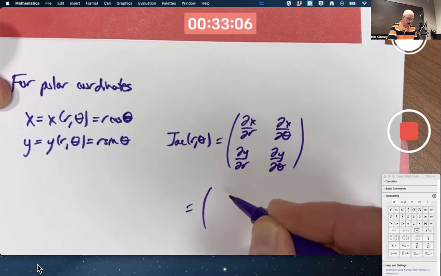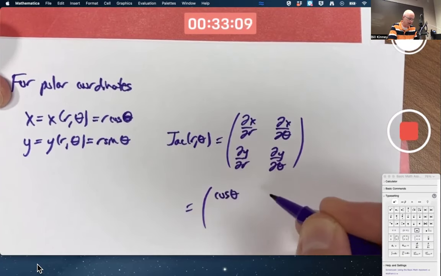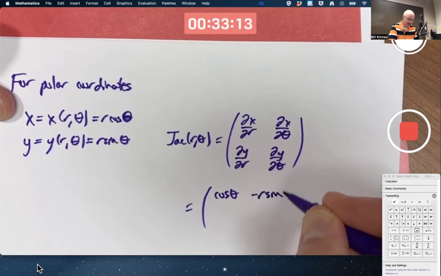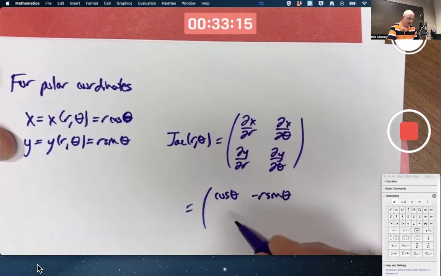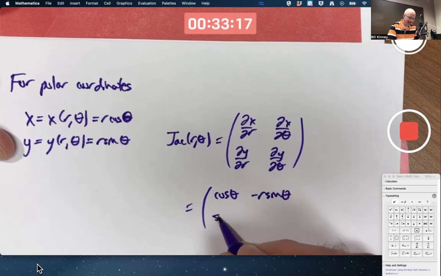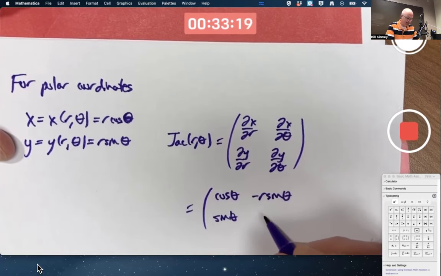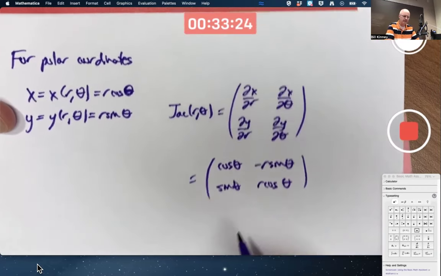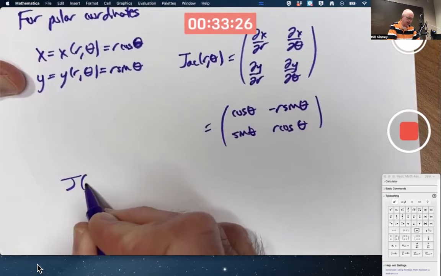Differentiate x with respect to r, get cos theta. Differentiate x with respect to theta, get negative r sine theta. Differentiate y with respect to r, get sine theta. And with respect to theta, get r cos theta. That's the Jacobian matrix. What's the Jacobian determinant?